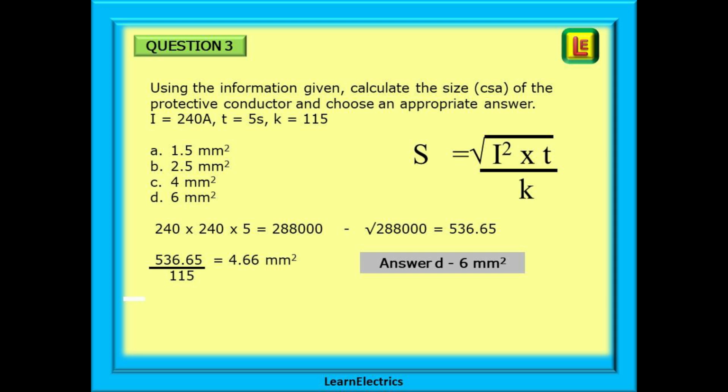And here is the solution to question 3. 240 times 240 times 5 is 288 and 3 zeros. The square root of this is 536.65. And 536.65 divided by 115 is 4.66 square millimeters. You should choose answer D, 6 millimeters.